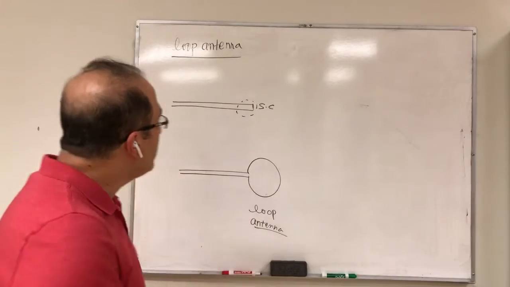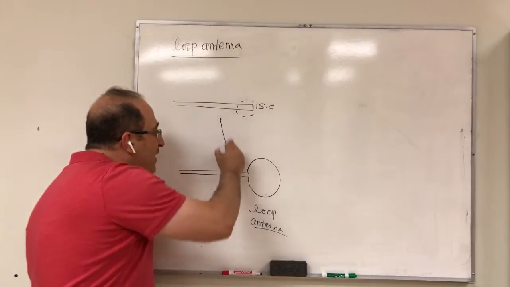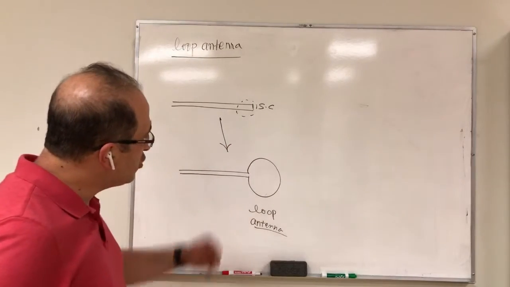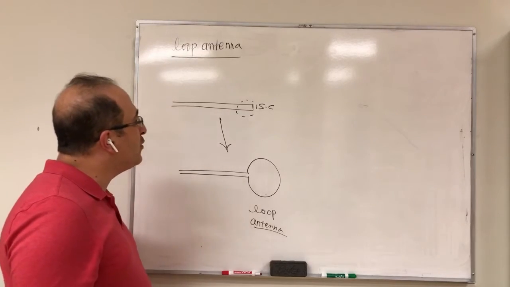So as you see, we are getting a short-circuited transmission line, and then we convert it into a loop antenna as shown here. Now, why should this work?